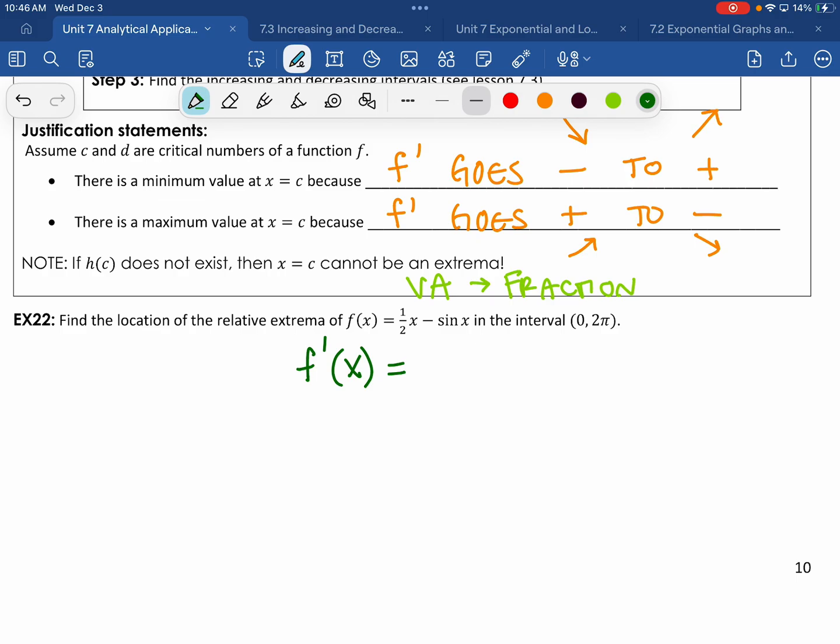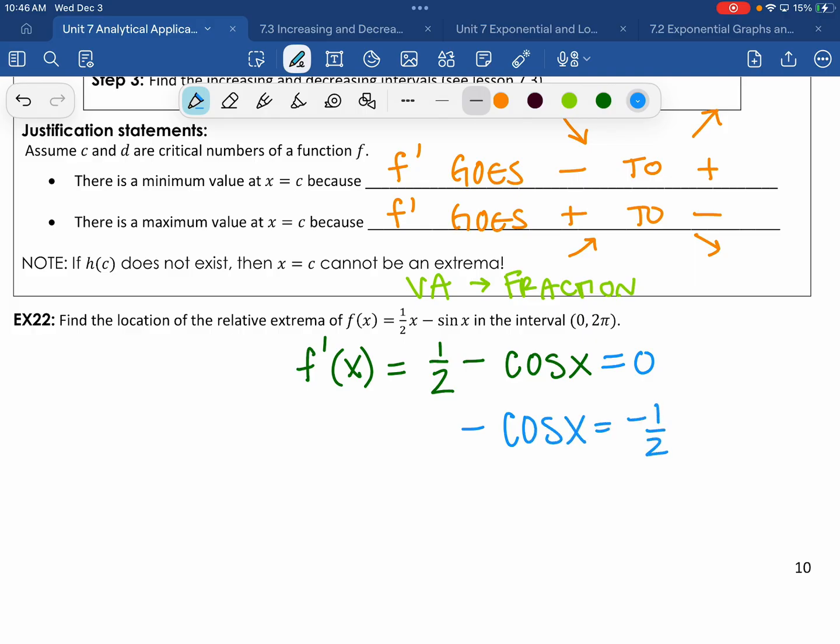So the derivative of 1/2 x is 1/2, and the derivative of negative sine is going to be negative cosine. And what do I do with the derivative? I set it equal to 0. So I'm going to minus 1/2, divide by negative 1, and so you get cosine equals 1/2.